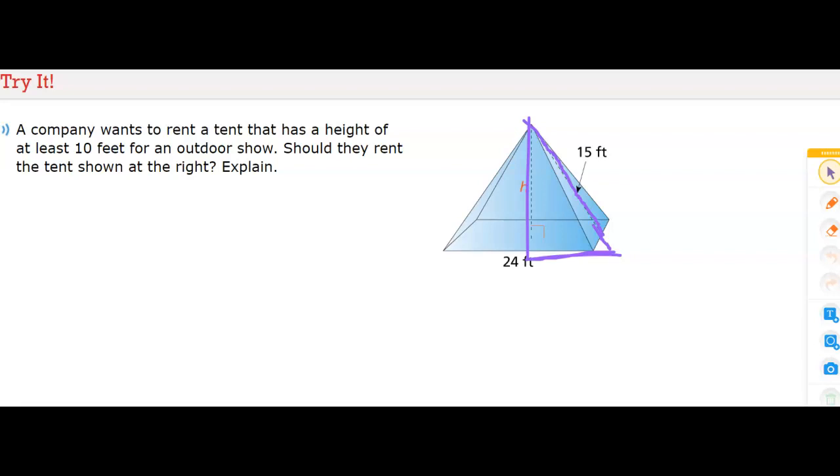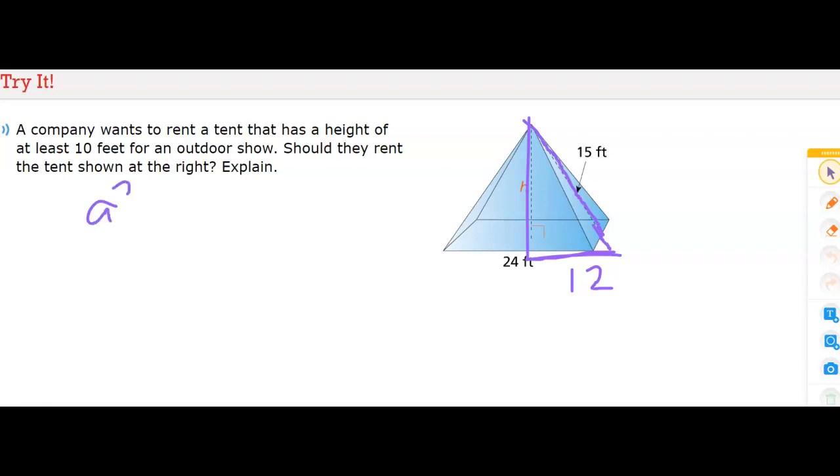So we see that from here to here is 24, but I'm halfway. So my new base here would be 12. My hypotenuse here is 15 feet, and the height is what we're solving for.